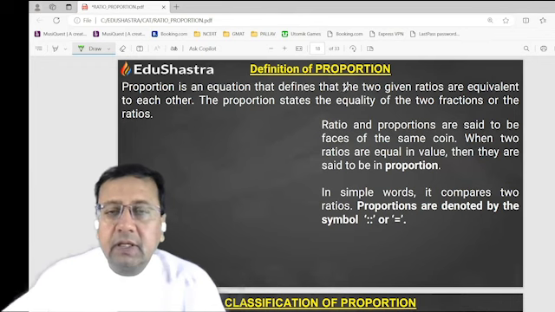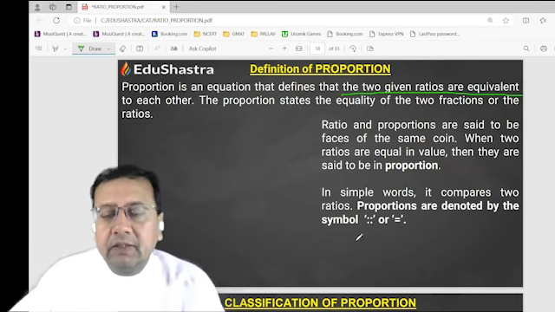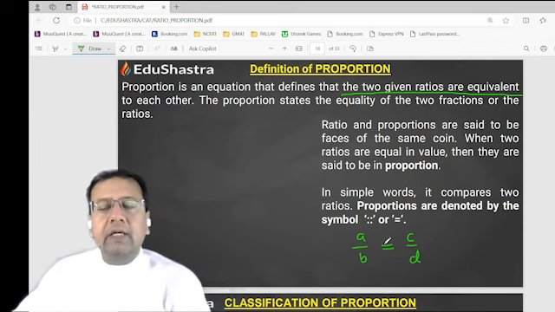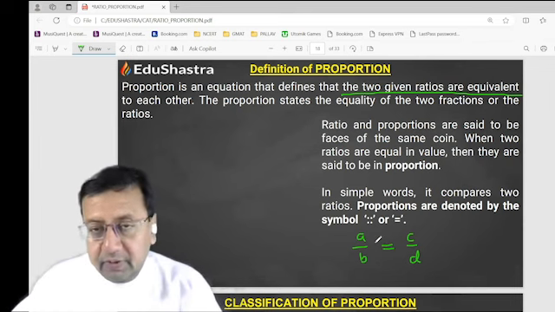This is defined as the two given ratios being equivalent. So how can I say this? Suppose there is one ratio A by B, and another is C by D. If these two are equal, I can say the ratios are in proportion, right?